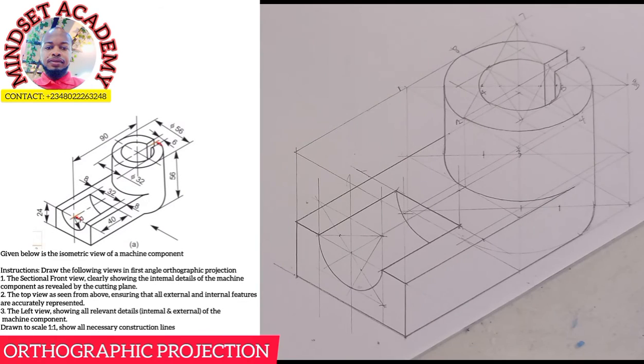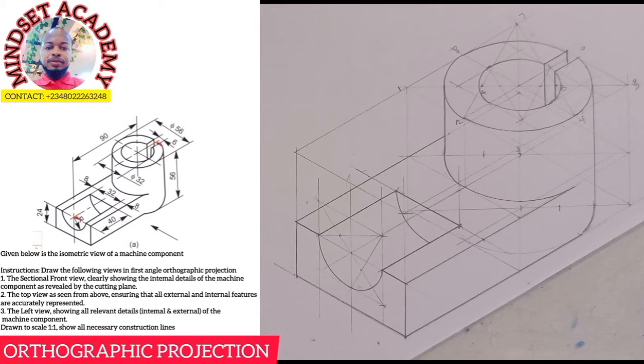The question says: draw the following views in first angle orthographic projection. One, the sectional front elevation or front view, clearly showing the internal details of the machine component as revealed by the cutting plane.